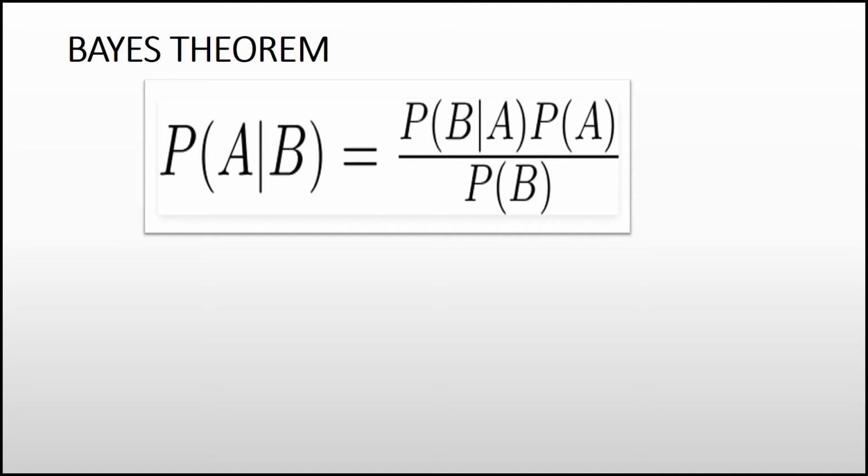and P of B given A is the likelihood that the feature B would occur given the class, and P of A is the prior probability of the class, and P of B is the prior probability of the features or the predictors.